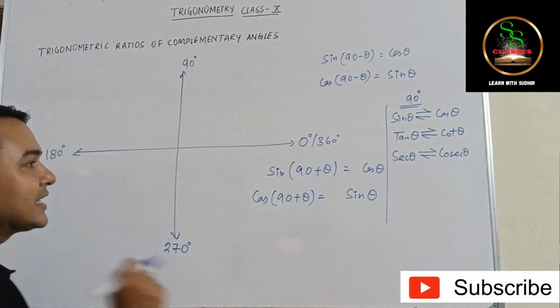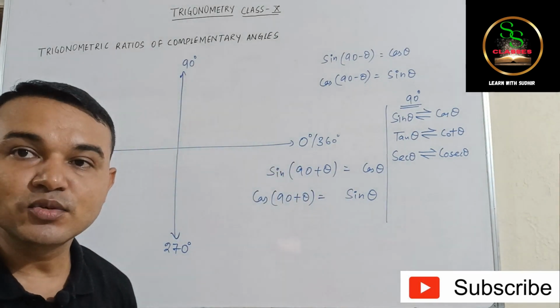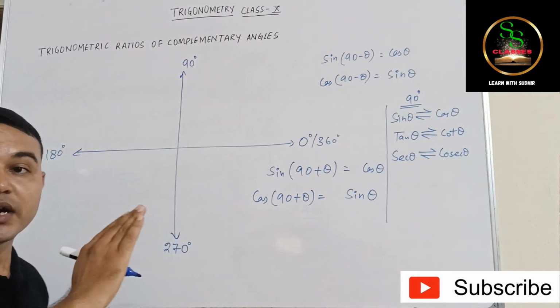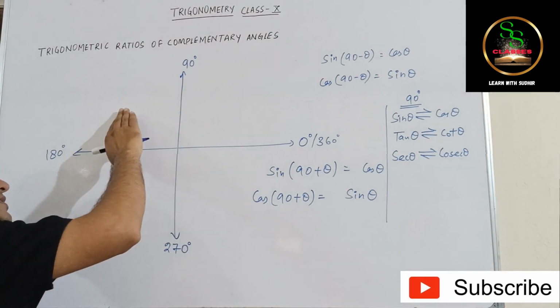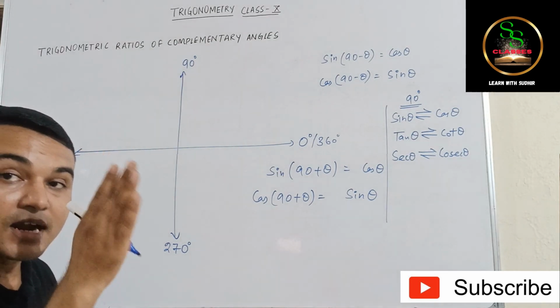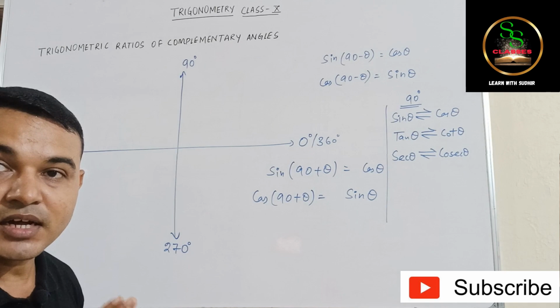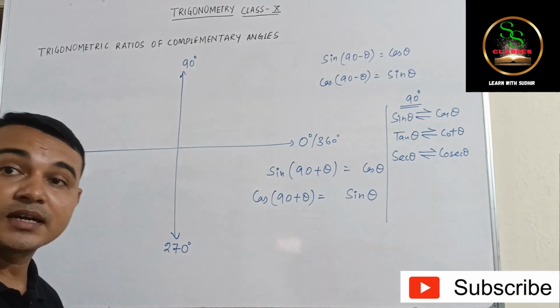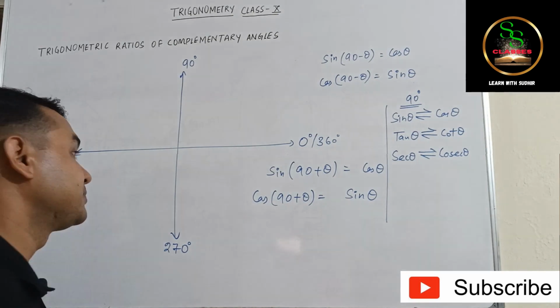So, dear students, sin 90 plus theta. As you all know, in the first quadrant, all trigonometric ratios are positive. And in the second quadrant, sine and its reciprocal are positive. The rest of the trigonometric ratios are negative. Why they are negative, we explained to you. Right? Okay.